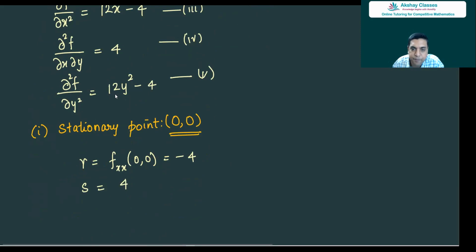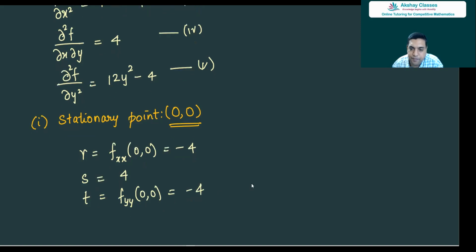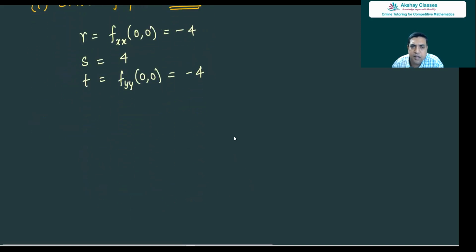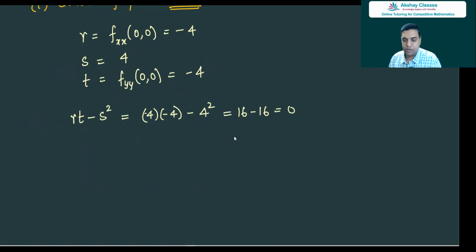It is 4. T, the second derivative with respect to y at 0, 0, we get minus 4. Now RT minus S square is minus 4 into minus 4 minus 4 square, 16 minus 16 equal to 0. So nothing can be said.